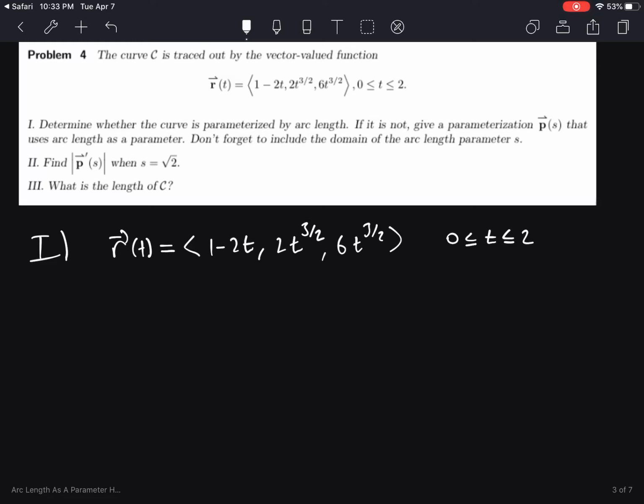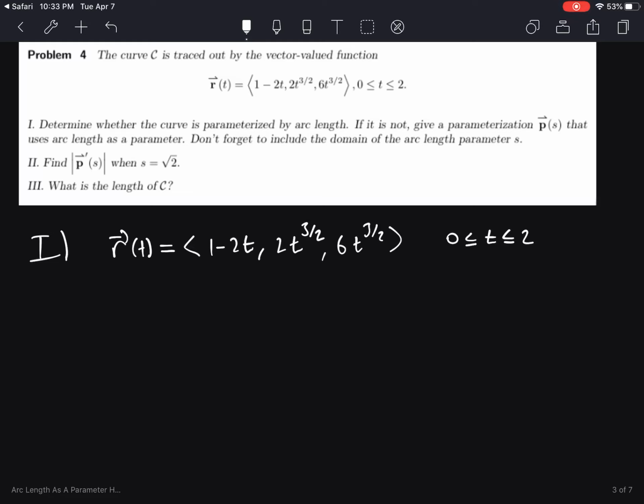If we parameterize a curve C with a vector valued function, that parameterization is an arc length parameterization if and only if the curve is a unit speed curve. What do I mean by that? If we consider this r(t) as a position function, what is the speed?